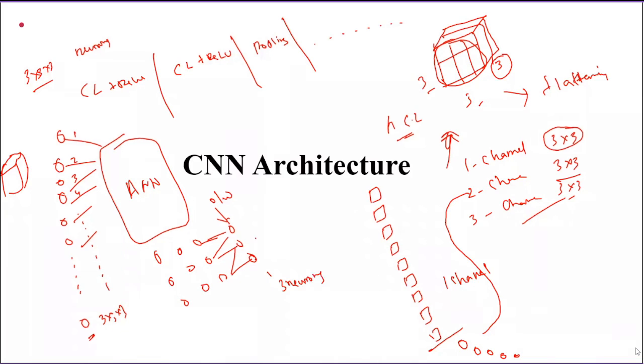Suppose we want to identify cat, dog, and donkey, then the first neuron in the output layer represents cat, the second neuron represents dog, and the third neuron represents donkey.